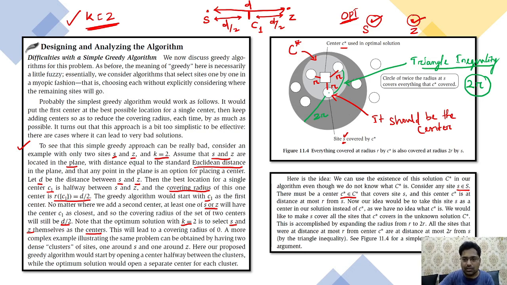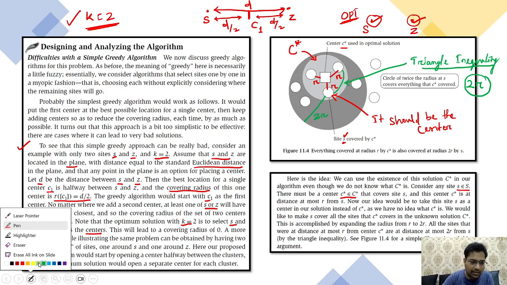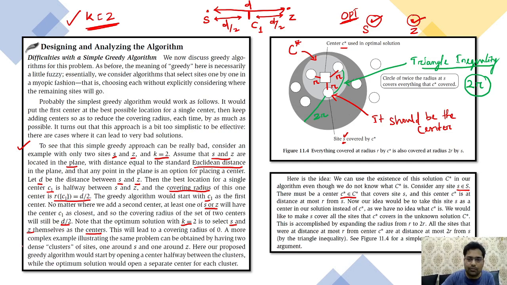Suppose u to v, as we have already discussed, even if we are just finding the minimum one, we found out that at least 2r is giving the minimum result compared to any point within that location, which is what triangle inequality means. Through that we set that instead of r, we should take 2r, through which at least we will cover all the points, because s is a part of optimal.